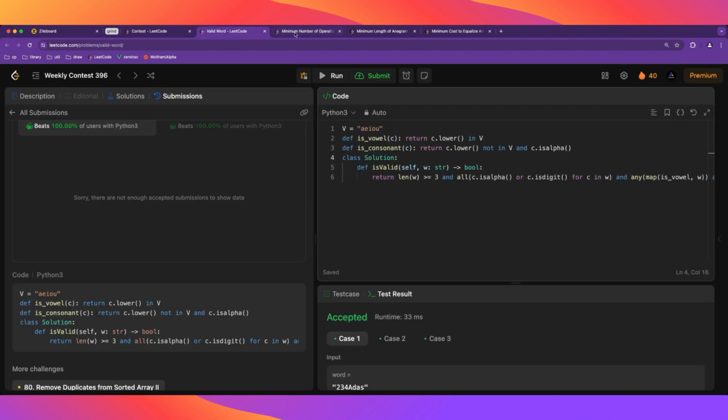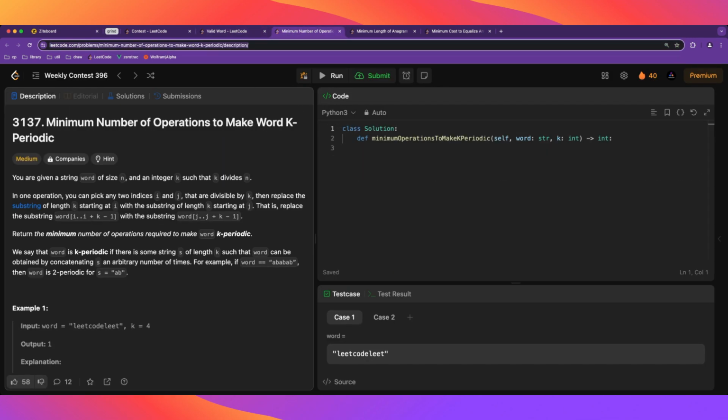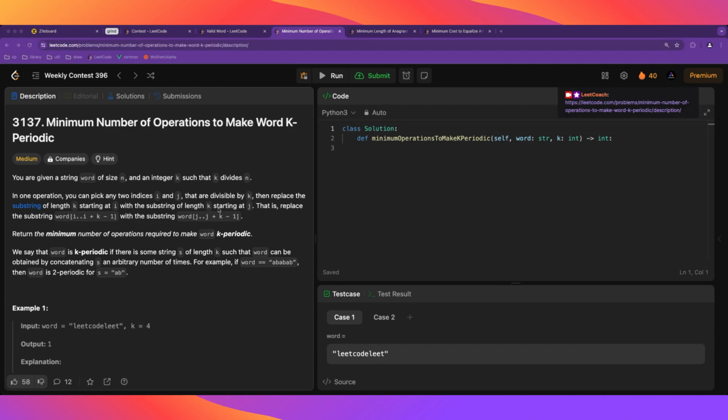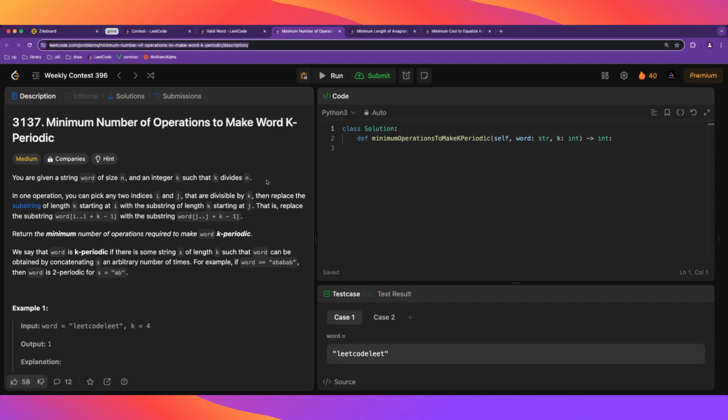Anyways, let's go to Q2. Minimum number of operations to make word k periodic. You're given a string word of size n and an integer k such that k divides n. So k is a divisor of n. Interesting.